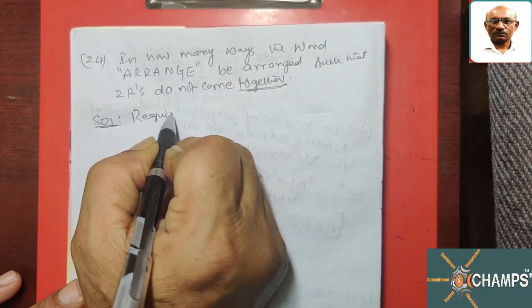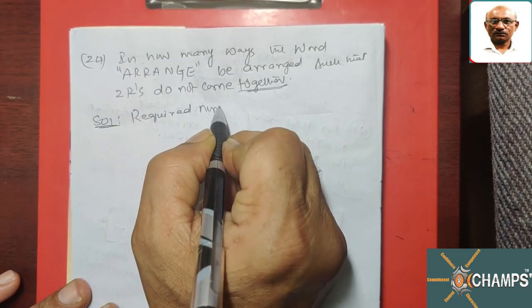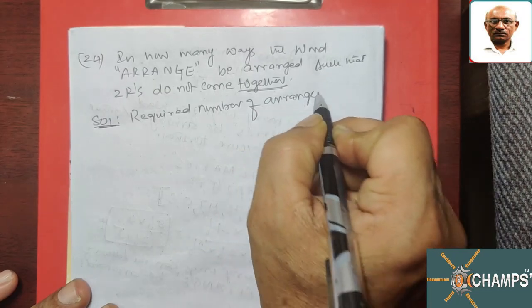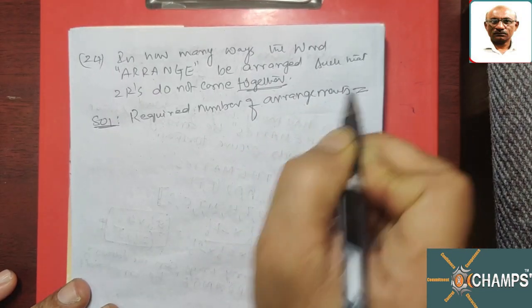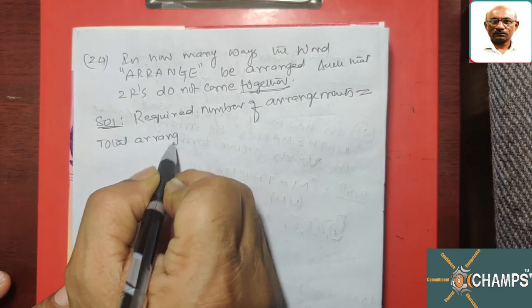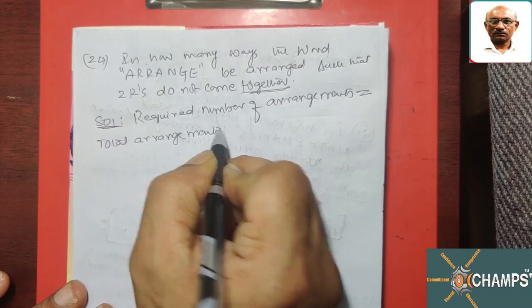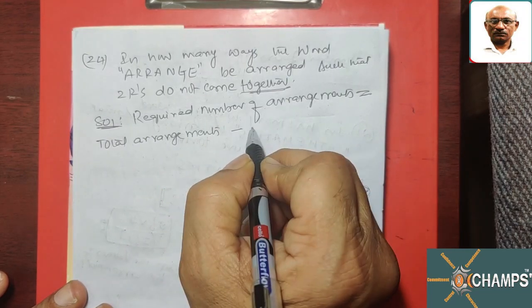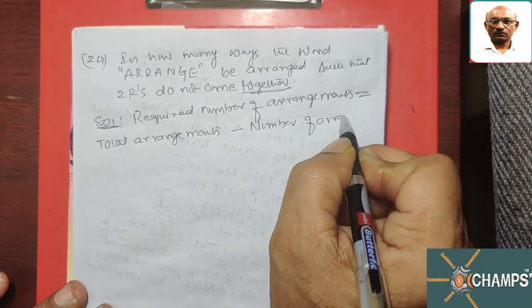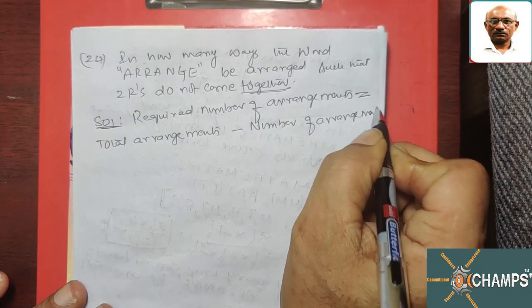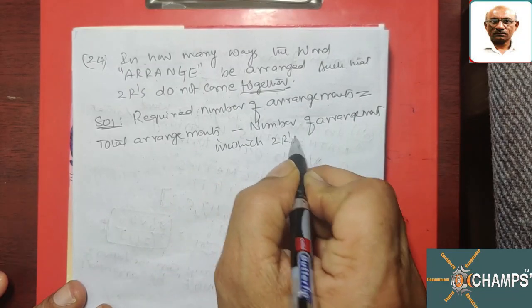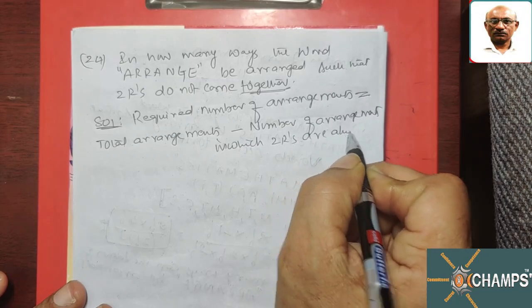The required number of arrangements is equal to total arrangements minus the number of arrangements in which two R's are always together.